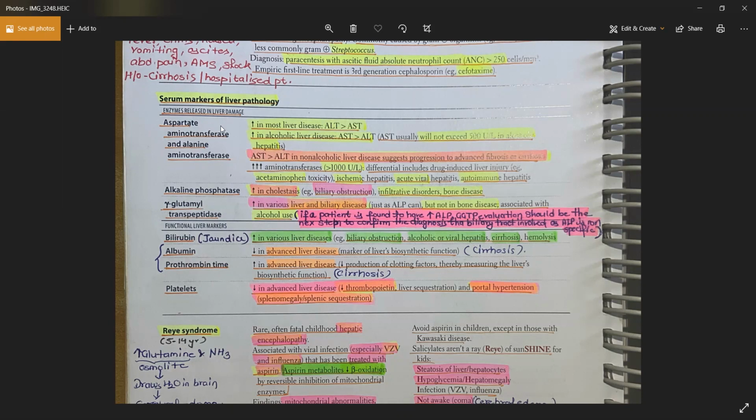Now note one thing: albumin has a half-life of, I think, 1 month, 21 days, right? So whenever you have an acute, severe liver damage, it won't affect the albumin levels. Albumin levels would be normal up to 21 days.